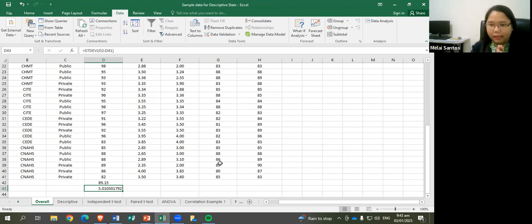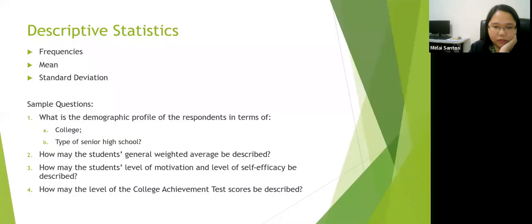If the standard deviation is large, there is somebody who scores maybe 70 and somebody who scores 99, so they're very far from each other. Unlike in our case, it's 5.01. Therefore, they're closely related to each other. So the standard deviation is just fine. It's properly distributed. So we have already answered number 2.